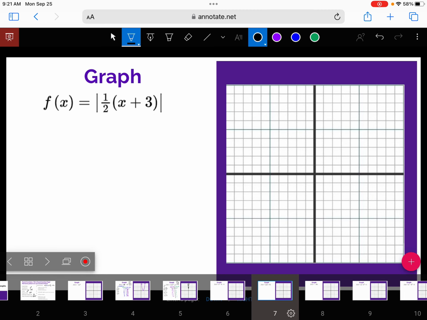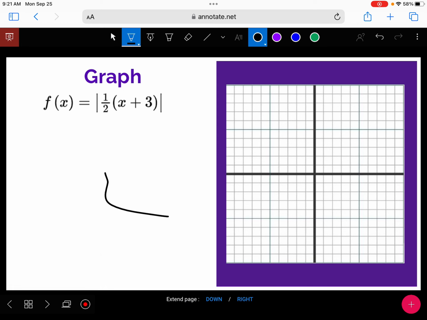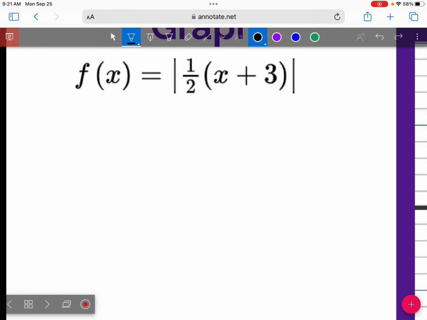So we're going to do an absolute value. So we got f of x equals the absolute value of 1/2 quantity x plus 3. So we have a new parent table this time.